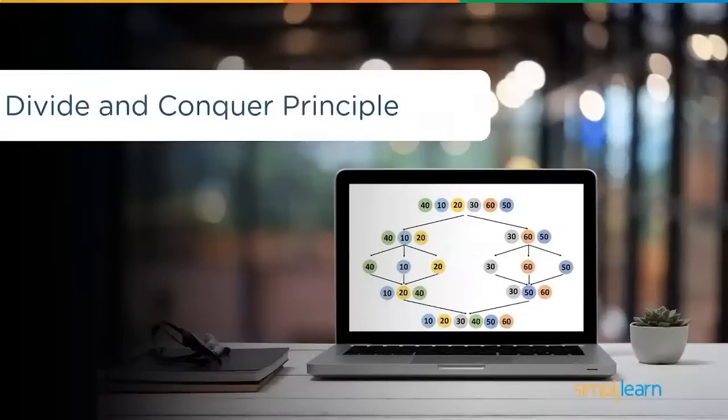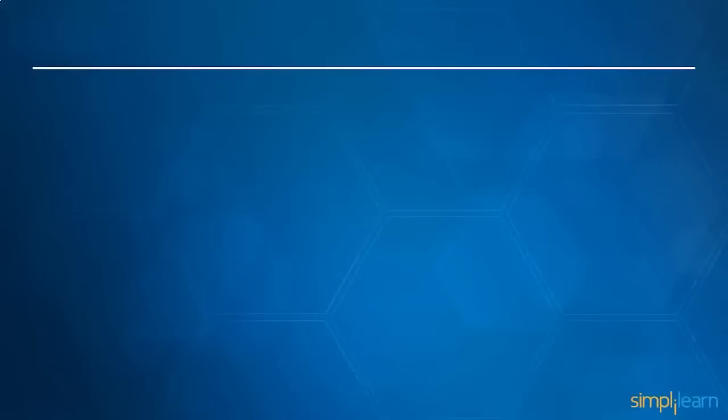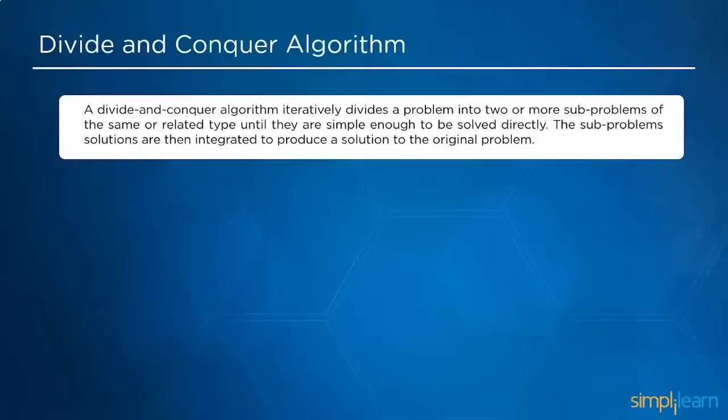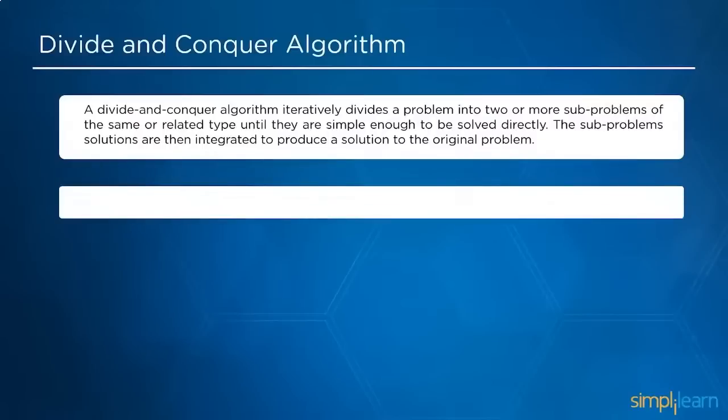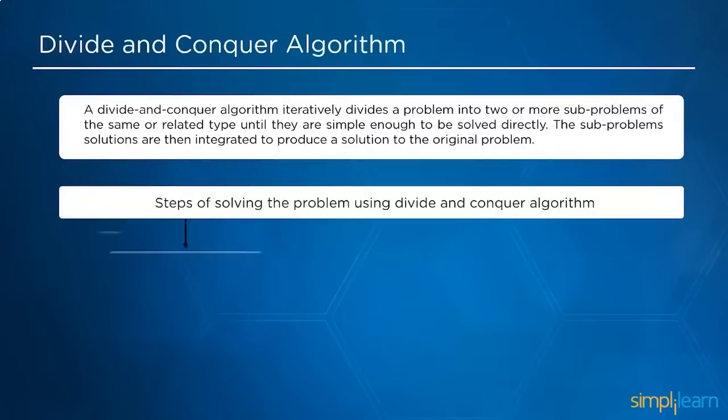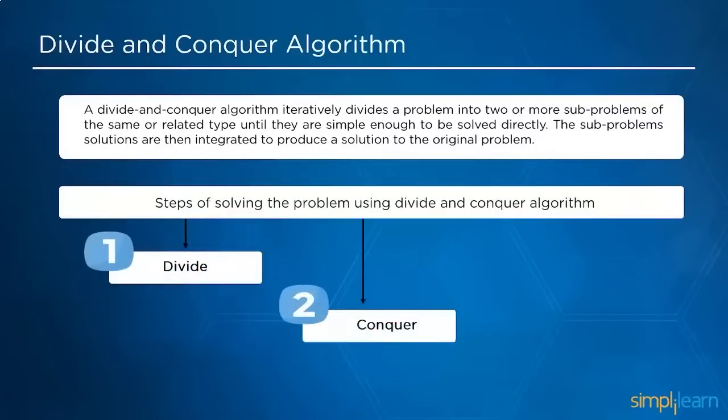Let's get started with what exactly is divide and conquer algorithm. A divide and conquer algorithm iteratively divides a problem into two or more subproblems of the same or relative type until they are simple enough to be solved directly. The subproblem solutions are then integrated to solve the original problem.